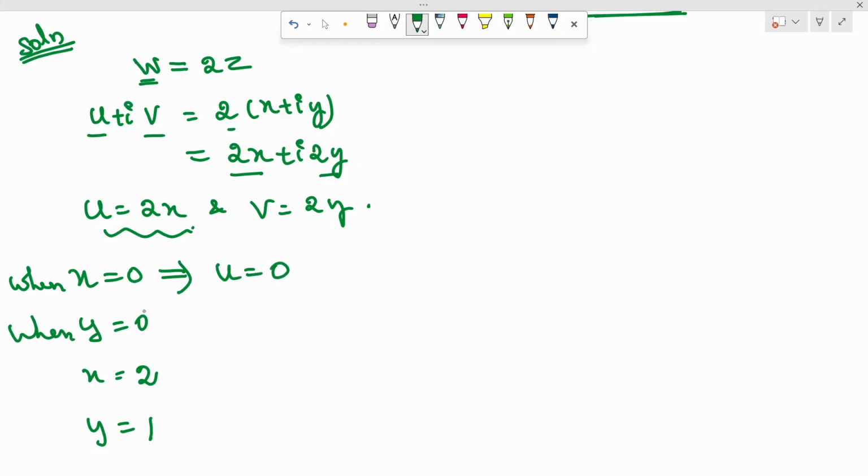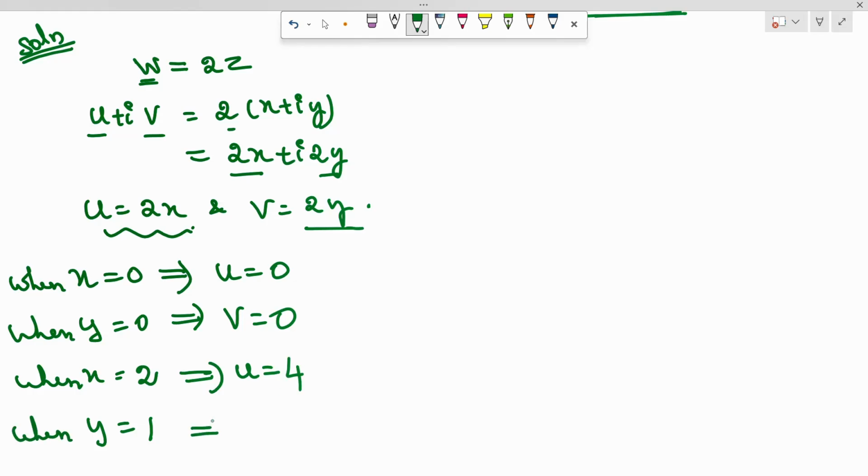When y = 0, what is v? v is also 0. When x = 2, what is u? Substitute here u = 2x, x = 2, we'll get 4. When y = 1, we can write v = 2 because v = 2y. Substitute here y = 1, we are getting v = 2.